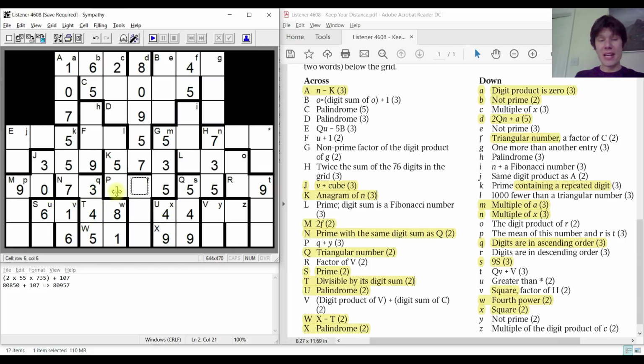So if big P ends in 8, 5 or 9, 5, and y down is 2 digits, then y down can only be 40 or 50. They're the only two possibilities. And therefore, big P must be either 385 or 395. So I can put a 3 in that cell just there. I can also put a 0 in that cell, and this cell must be a 4 or a 5.